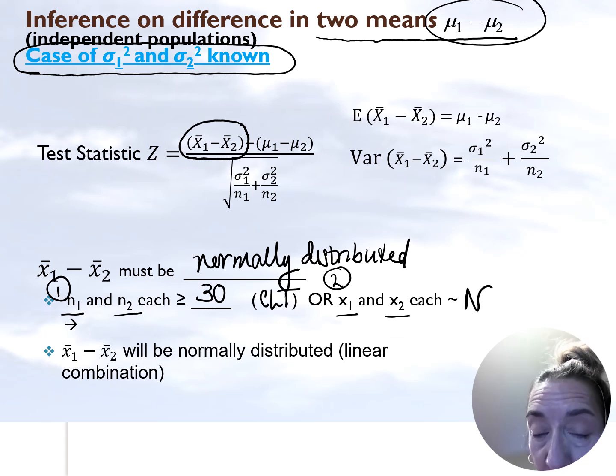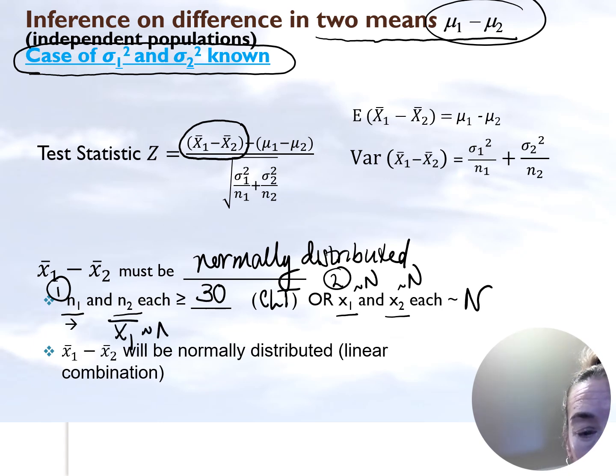So x1 normally distributed and x2 normally distributed. If either of those two possibilities or both is true, that means x1 bar is normally distributed and x2 bar is normally distributed.